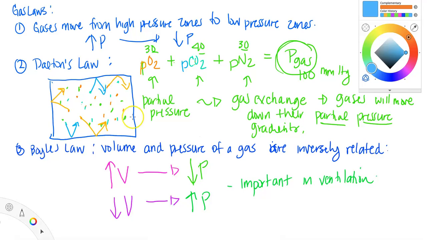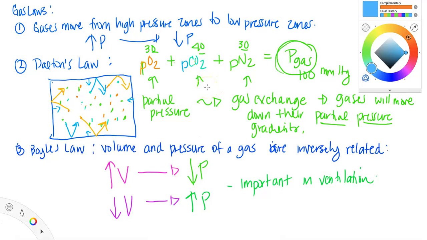So if the box gets smaller, then the volume decreases and the pressure goes up, because there's the same amount of gas but a smaller area, and it just means that those particles are going to bounce off the walls more.